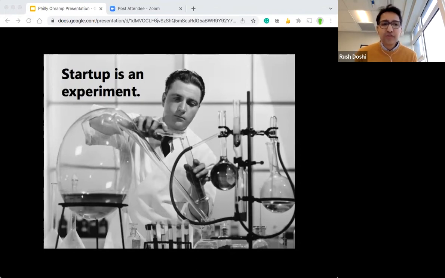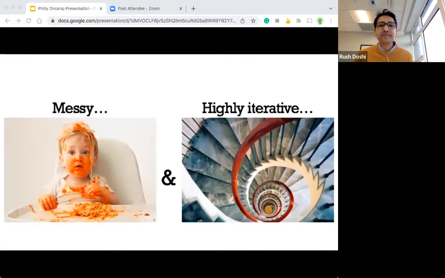So you're always looking for, what are the biggest risks to these ideas, and how am I going to go about de-risking them? That's a big part of what you're really trying to do during these early stages. The other thing to keep in mind is that it's not linear.